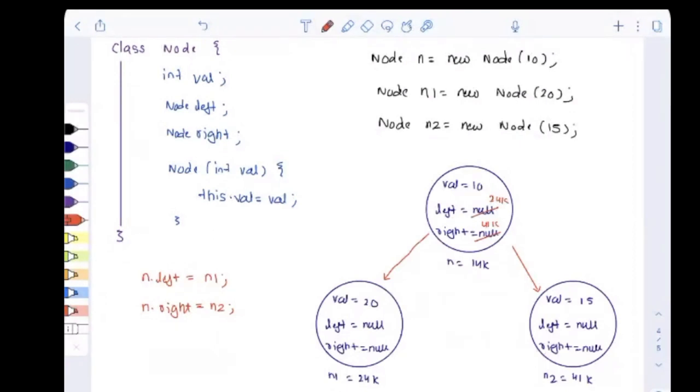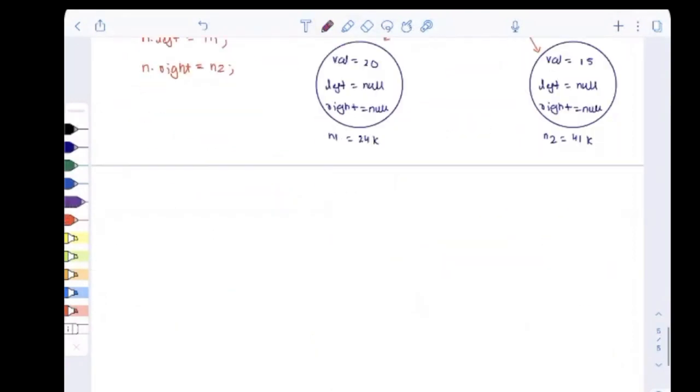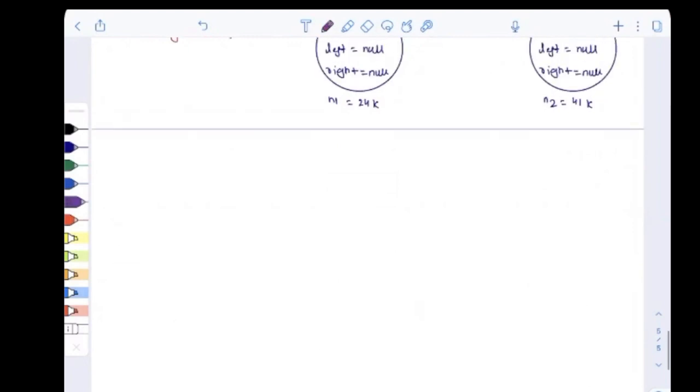Perfect. Okay. Right. But there is a note that I want to discuss right now. Guys, you don't have to worry about the creation part. Creating a binary tree is not going to be an easy thing if someone is providing you the data. That we are going to cover in our next class. So my note to all of you is, right now, don't worry about creation of the tree. Don't worry how a tree is getting created.